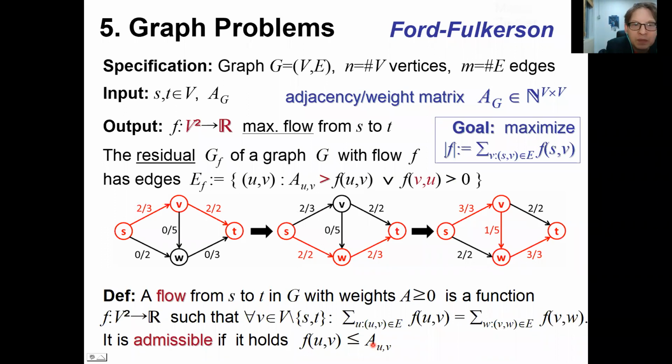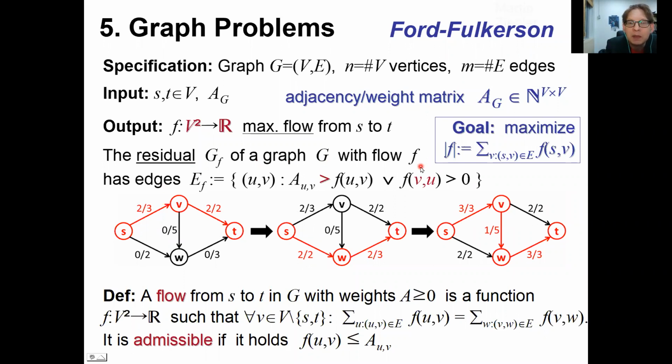And here we've considered the first algorithm, the Ford-Fulkerson algorithm, which actually, as I will show, is not technically an algorithm. We've seen it in execution, and the basic idea of Ford-Fulkerson is to consider the residual graph of the original graph with respect to an admissible flow.